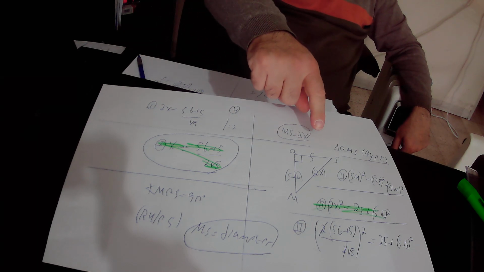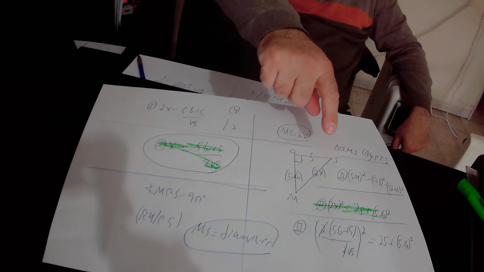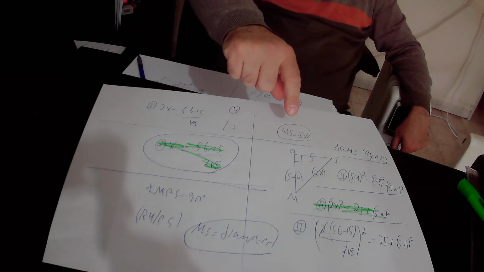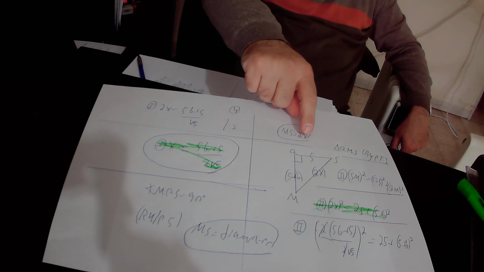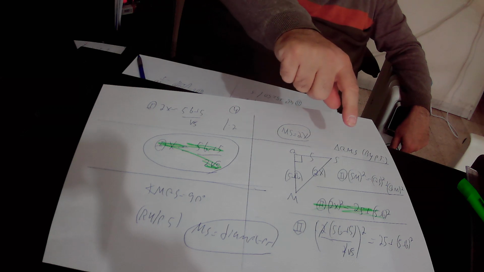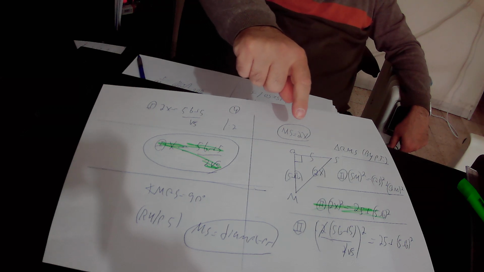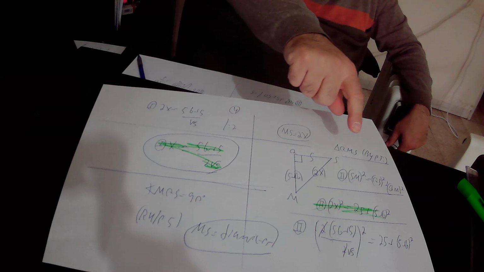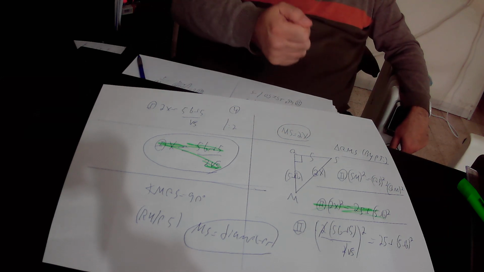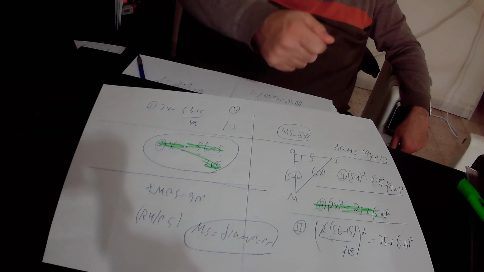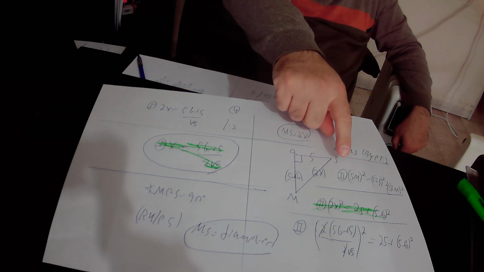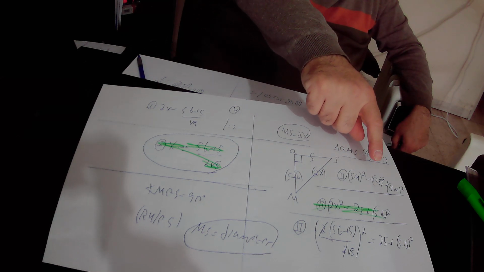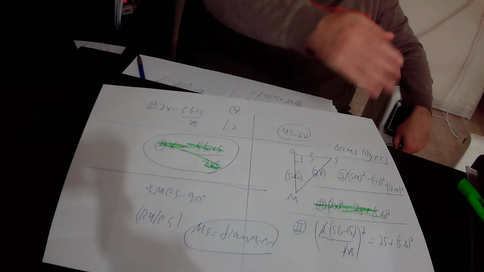SM is 2x, therefore SM squared is (2x) squared, and it must be equal to SQ squared. SQ is 5, therefore SQ squared is 25, plus QM squared. QM is 5 plus b, therefore QM squared is (5 plus b) squared. So in conclusion, according to equation number 2, (2x) squared equals 25 plus (5 plus b) squared.